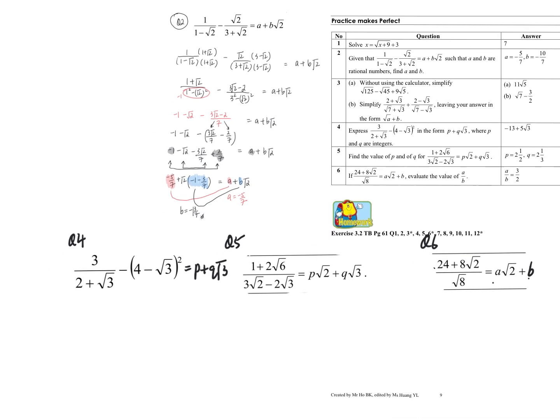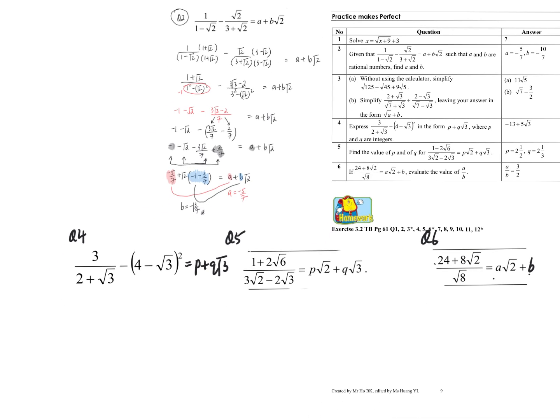So if you look at question 4, what you can do is to rationalize this one. You rationalize the fraction. You get 6 minus 3 root 3. And then the bottom is just this square. Go and expand this out.